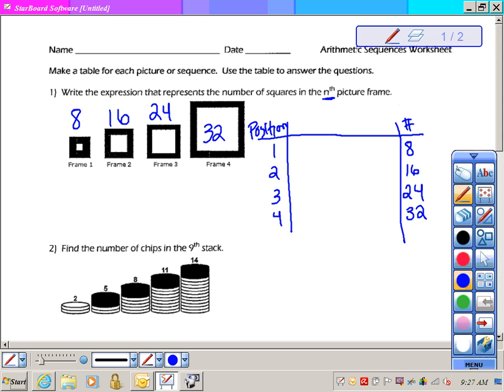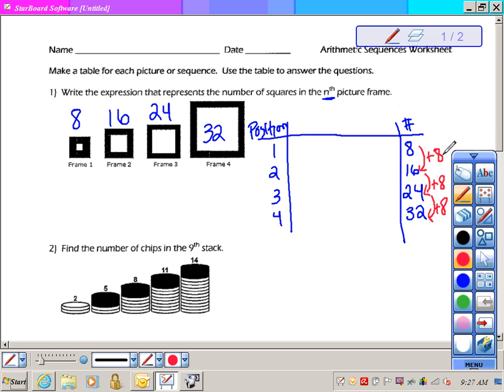Now what we have to do is see how many we added to each frame. From the first to the second, how many squares did we add? 8. So we're going to put plus 8. From 16 to 24, add 8. And from 24 to 32, add 8.